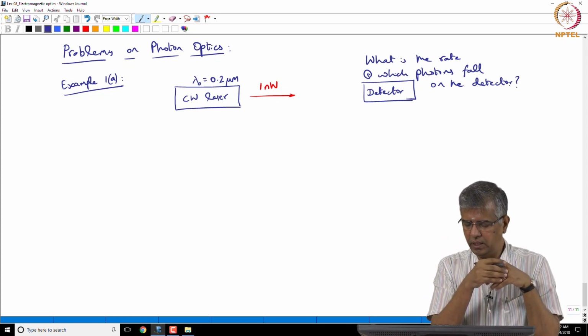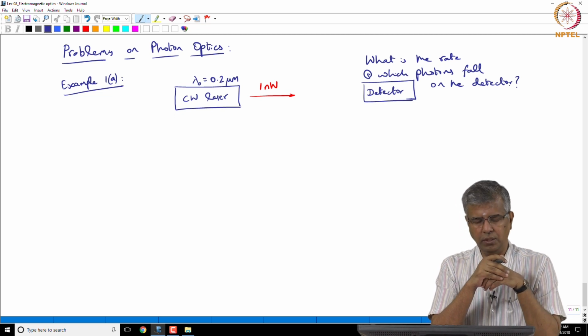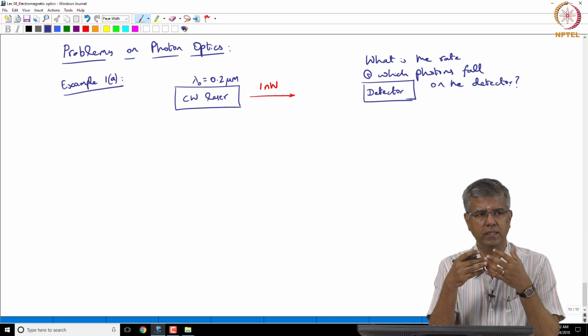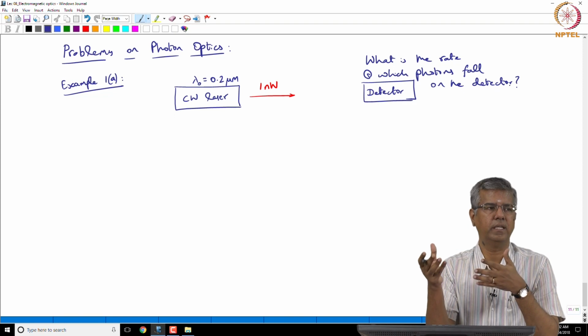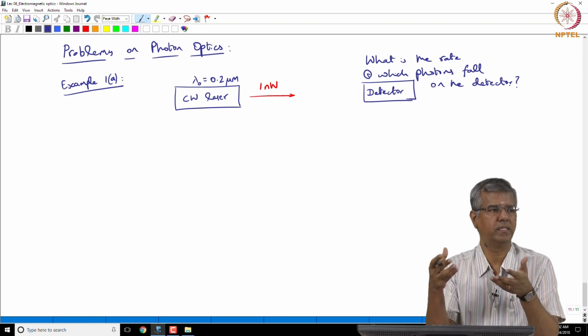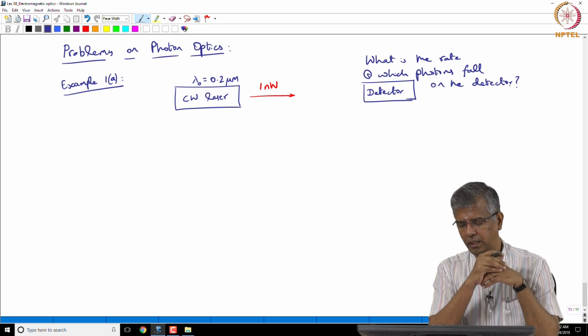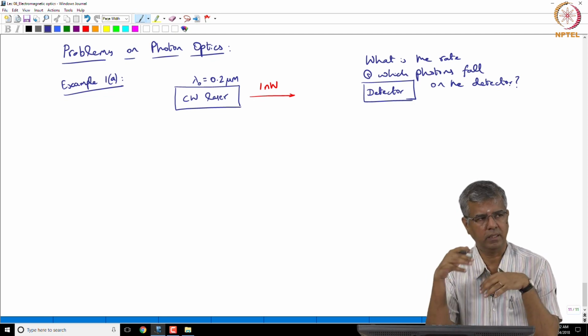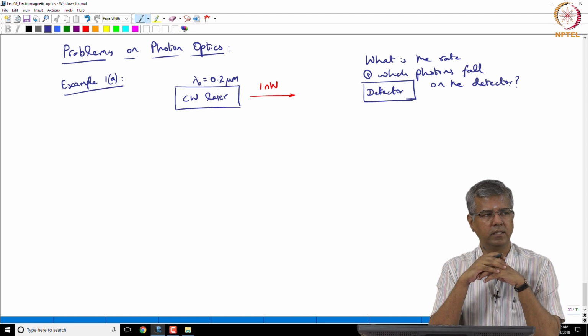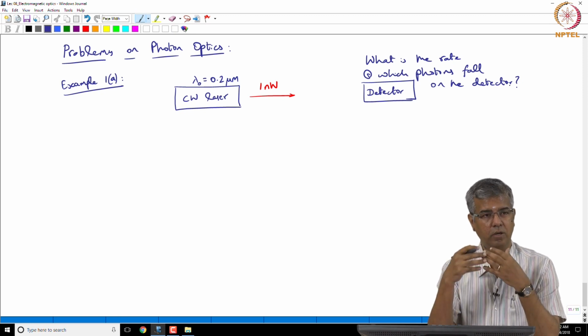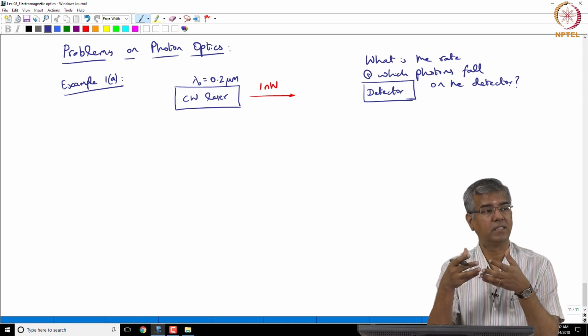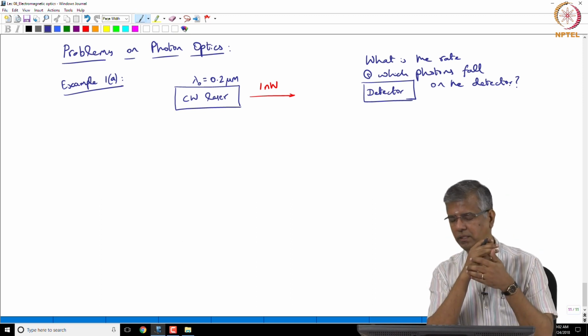In conventional wave optics, you deal with quantities in terms of power, energy density, power density, which is intensity, and so on. In the corresponding photon picture, we will talk about the number of photons, and photon flux, which is what is asked here.